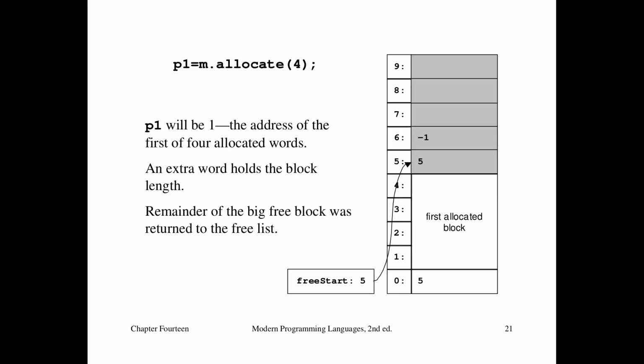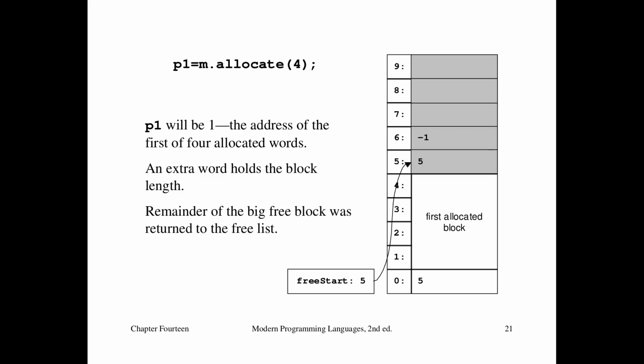So we get to this concept where we want to allocate 4 words, right? P1 will be 1, the address of the first of the 4 allocated words, as we can see here, and then we have an extra word that holds the block length, which is 5. That would be 0. 0 holds 5, right?